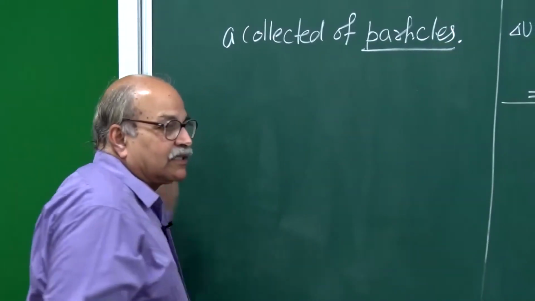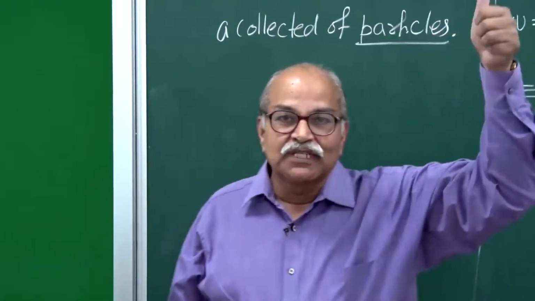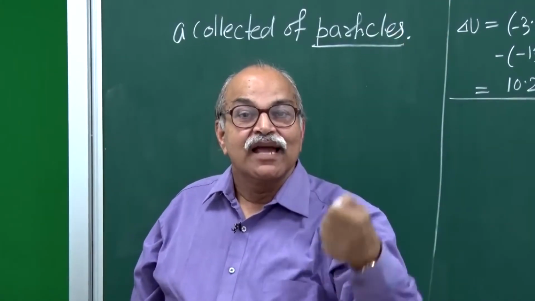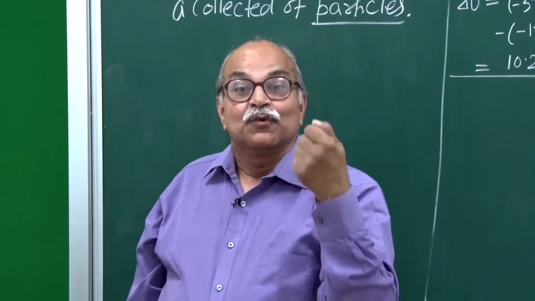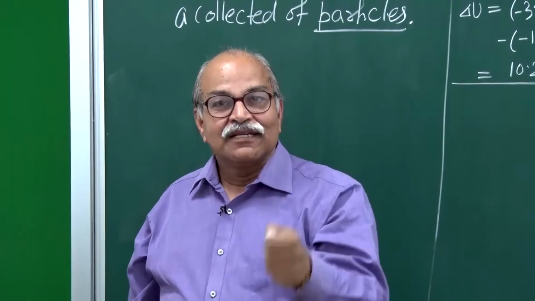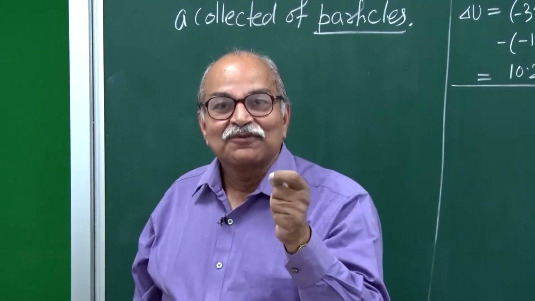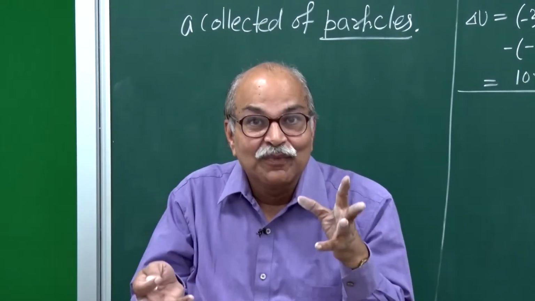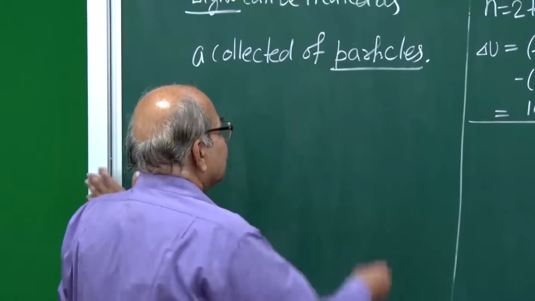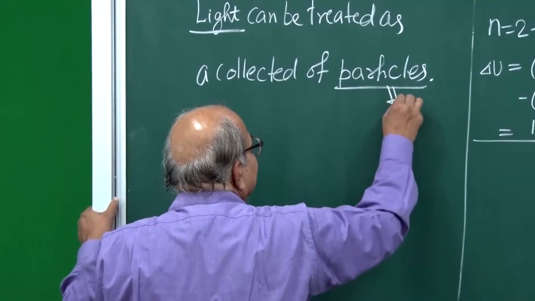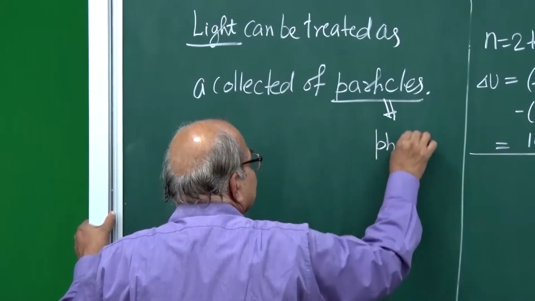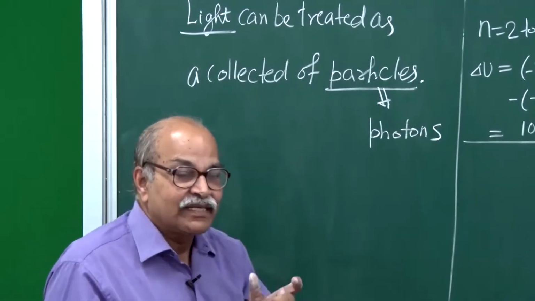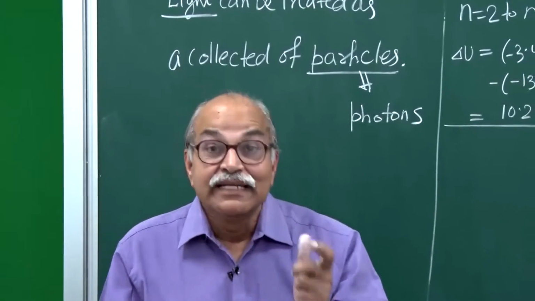When I put this tube light on, I can say that this tube light is emitting one photon, then the next photon, and then the next. So these particles are called photons. So you can count how many particles are there. These particles of electromagnetic radiation are known as photons. For each photon you can ask what is the energy and what is the linear momentum.